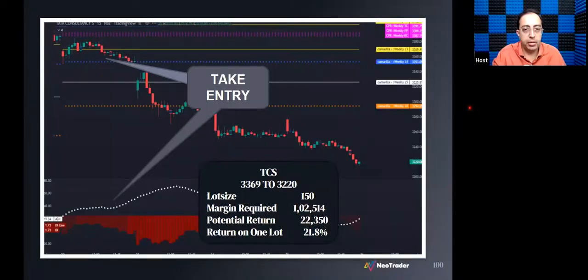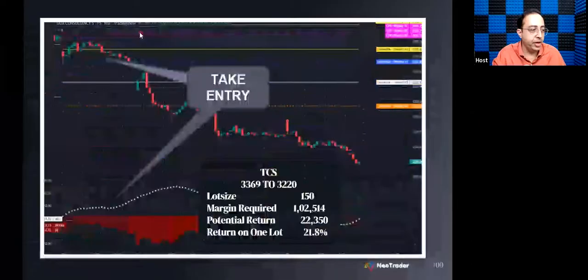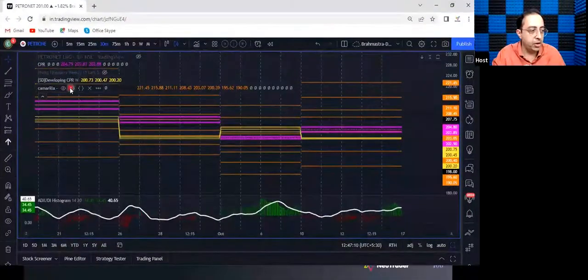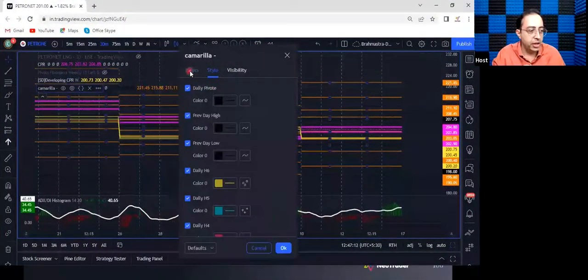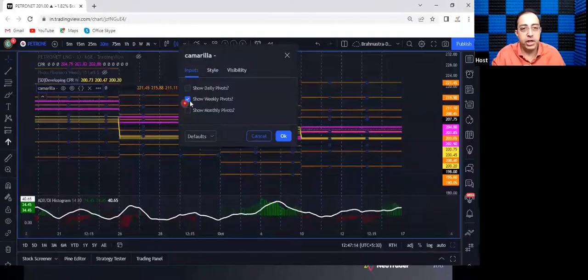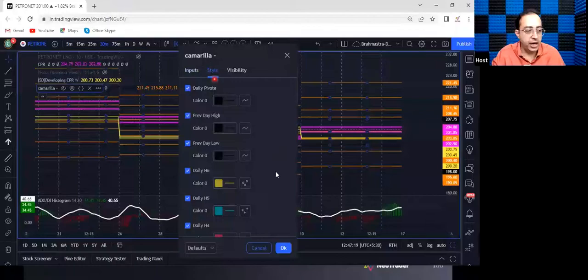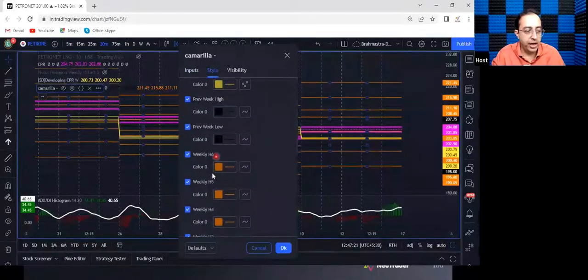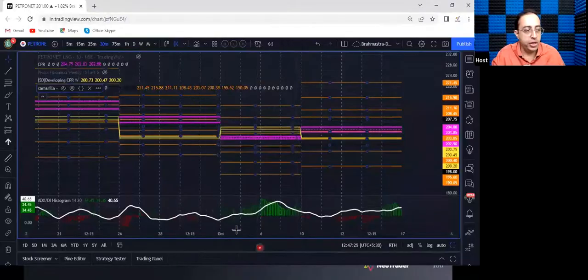Put on that Camarilla. I'll again repeat: put on the Camarilla, go to the settings, and then checkbox the show weekly pivots. And then in the style, you have got your weekly H5, H6. You can change the color combination.